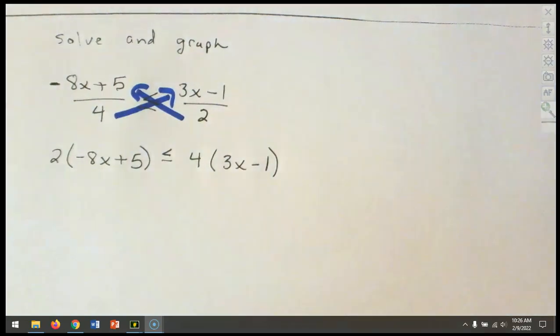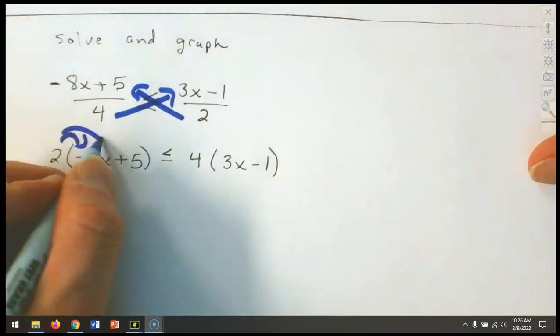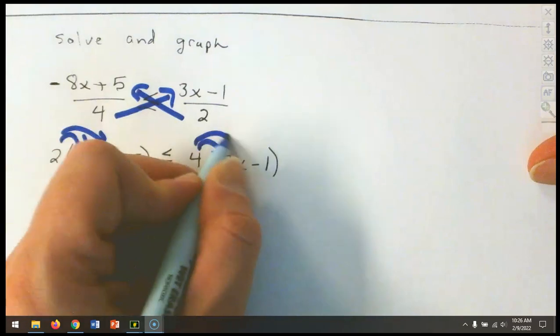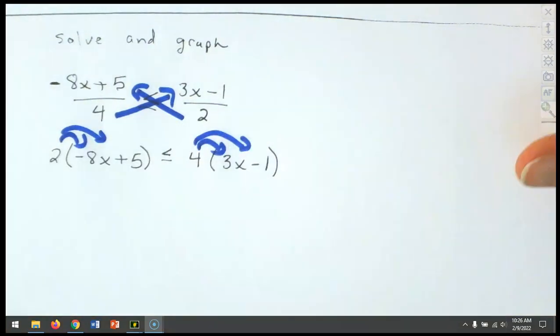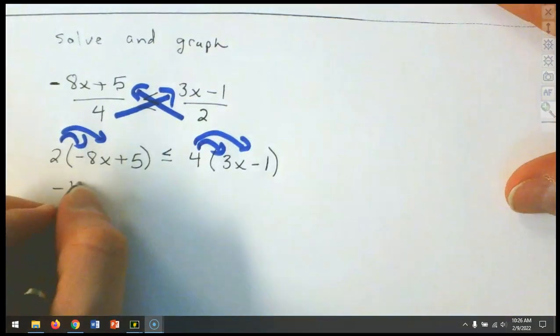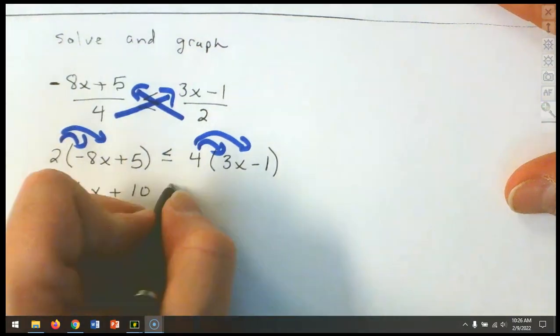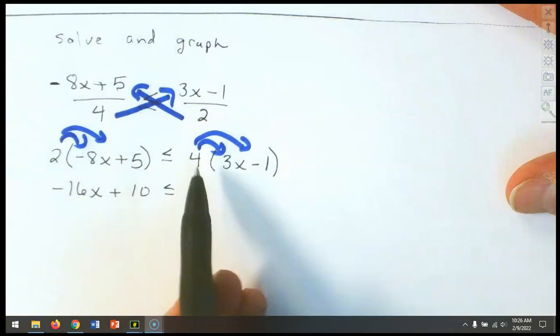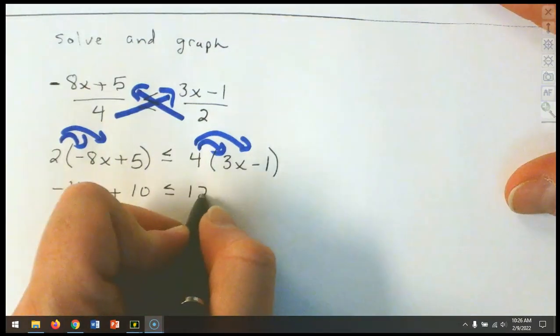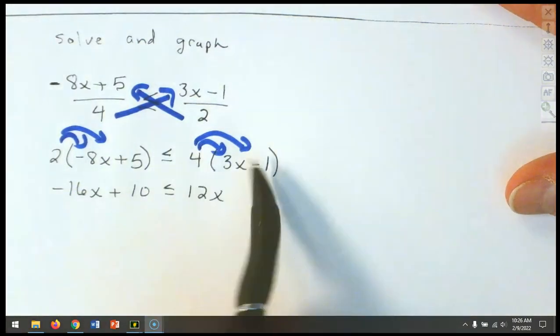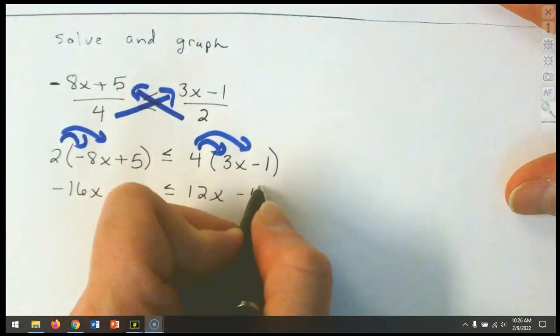So we just simply cross multiplied to clear our fractions. Now we'll distribute through. And that leaves you with a minus 16x. 2 times 5 is 10. Right-hand side, 4 times 3x is a 12x. 4 times minus 1 is a minus 4.